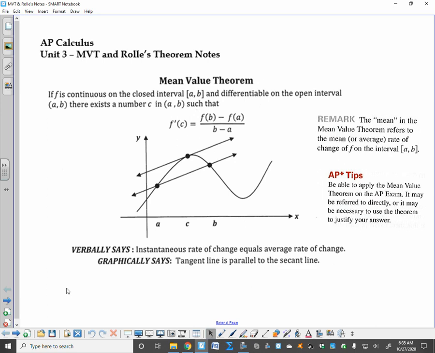If that's true, then there exists some c value so that the derivative at c, which is the slope of that tangent line, is equal to the average rate of change, or the slope, through the points A and B.